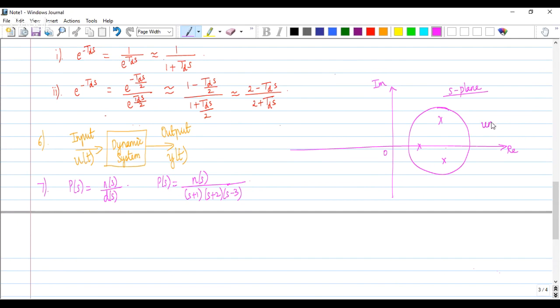That is the conclusion we can draw. As far as our notion of stability is concerned, we are looking at bounded input, bounded output stability, right? So the moment we give a bounded input, the output is going to become unbounded. That's the problem or the issue that we are going to face when we have poles to the right of the imaginary axis.